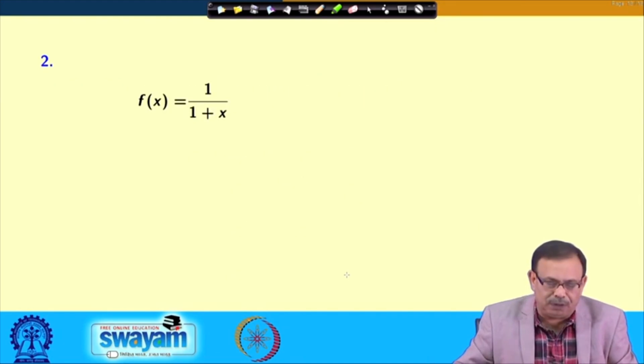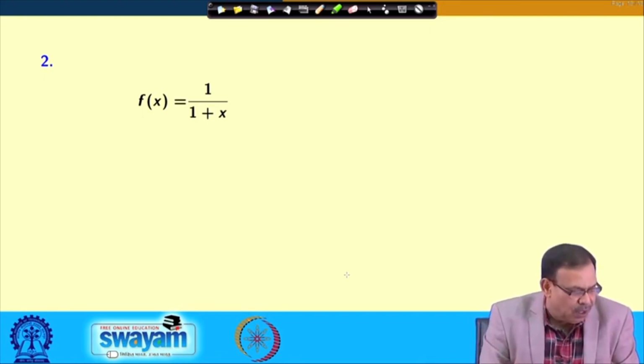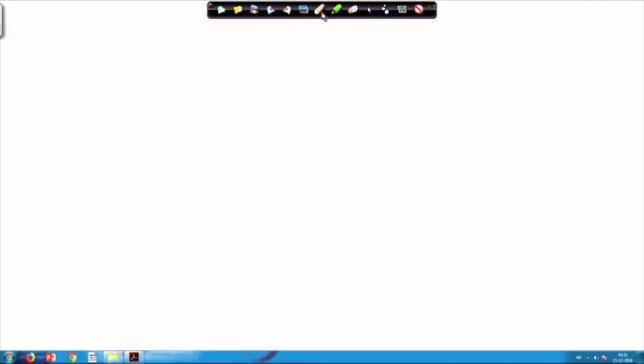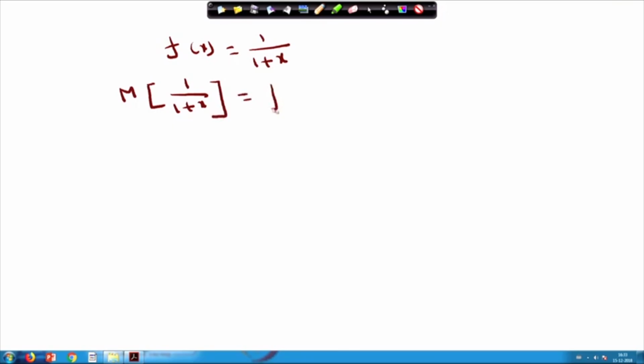The second one, if we take f x equals 1 by 1 plus x. So, your second problem is f x equals 1 by 1 plus x. So, the Mellin transform of this f x, that is 1 by 1 plus x. From the definition you can write down integral 0 to infinity x to the power s minus 1 into 1 by 1 plus x dx.